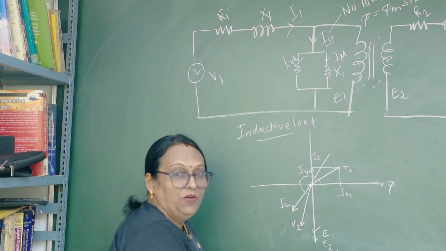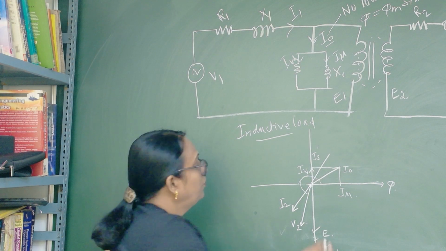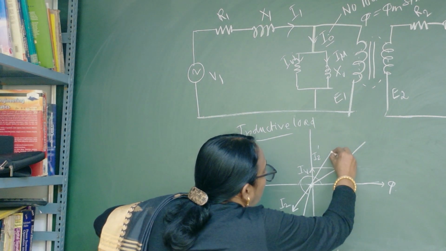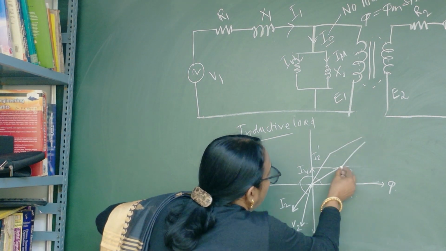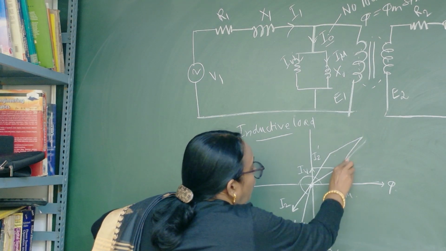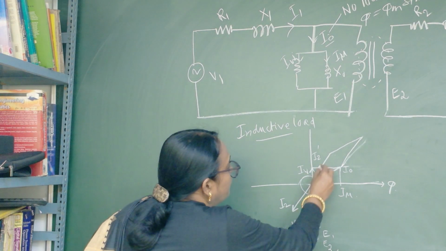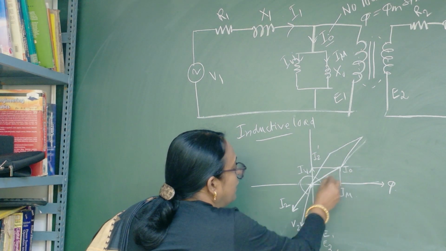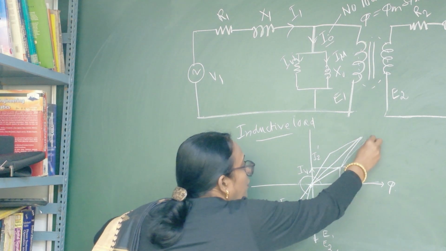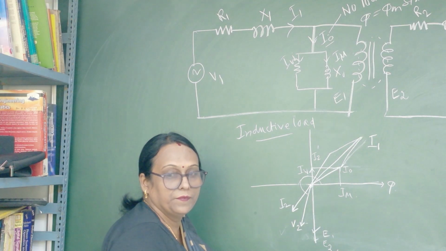I1 is the phasor sum of I2 dash and I0, so you draw the parallel. This phasor sum of I2 dash and I0 is your primary current I1.